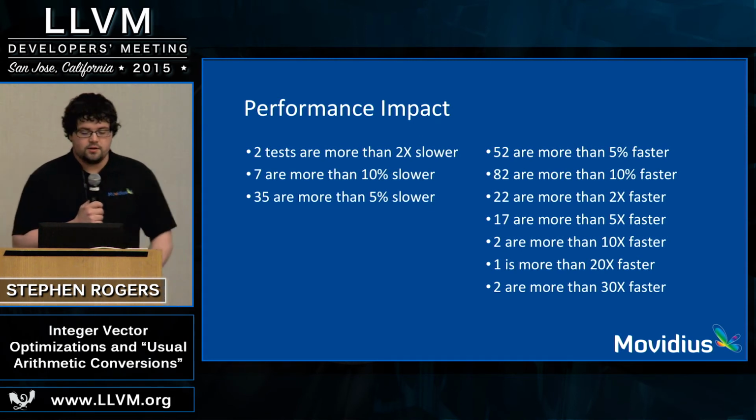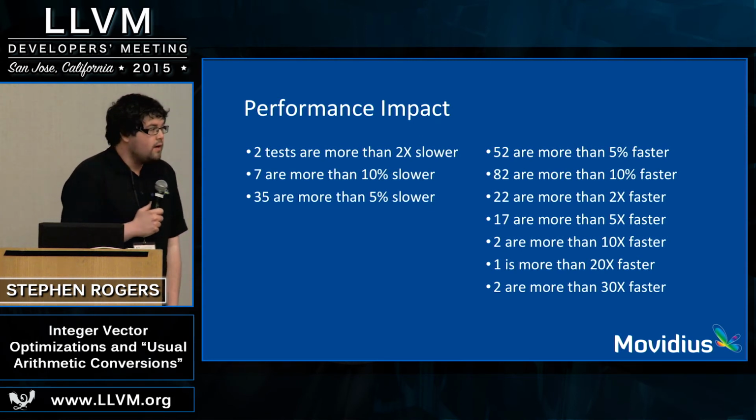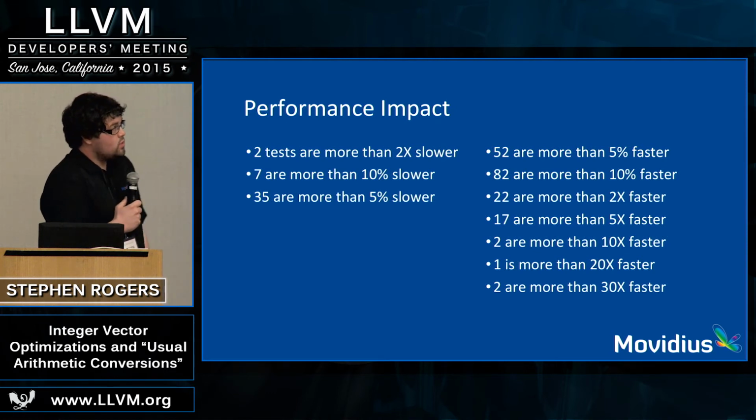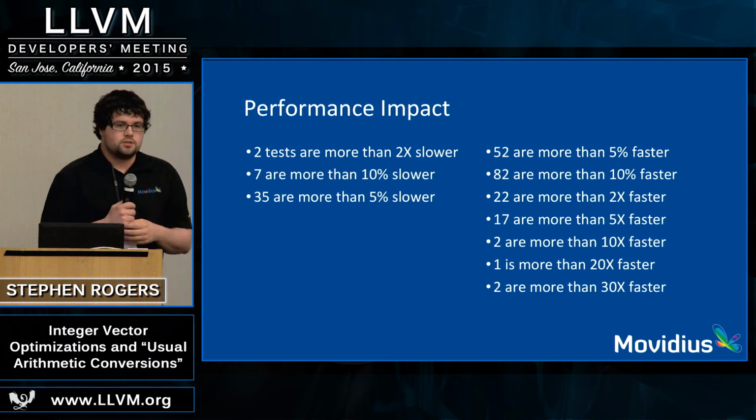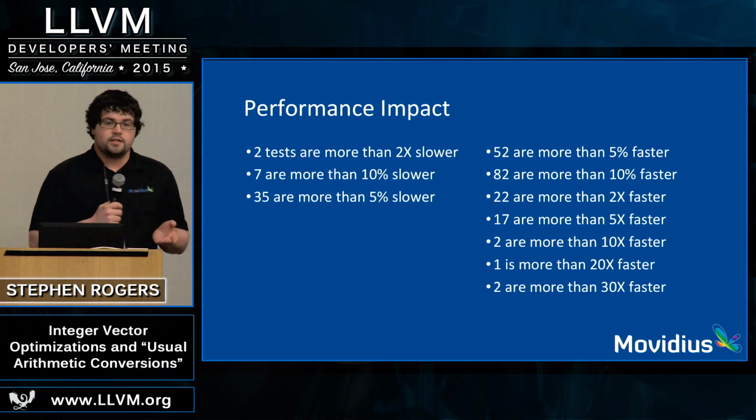Specifically, those 2x slowers and the 10% were concerning to us. And we did some more digging into this, and we found that because we're removing instructions, we're removing the extends and we're removing the truncates from basic blocks, the cost involved in inlining and loop unrolling had changed.